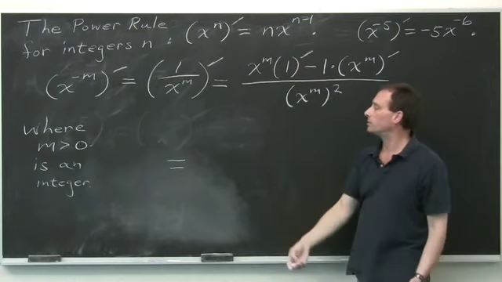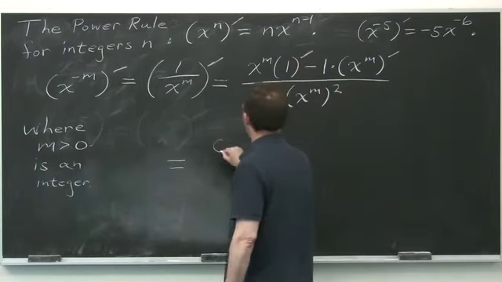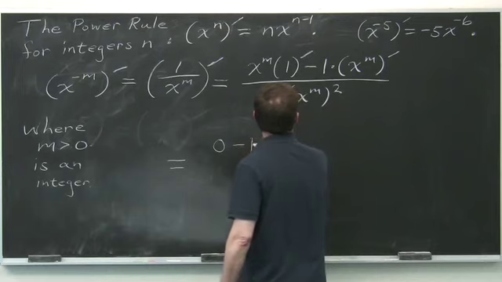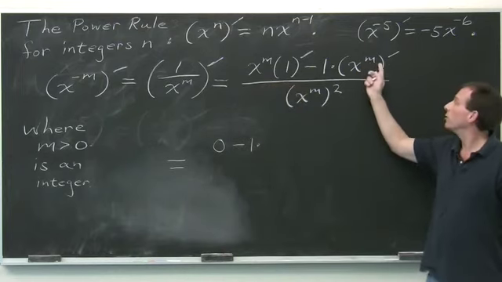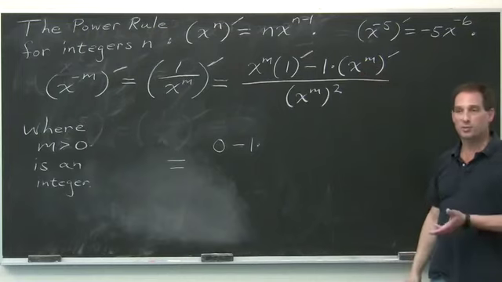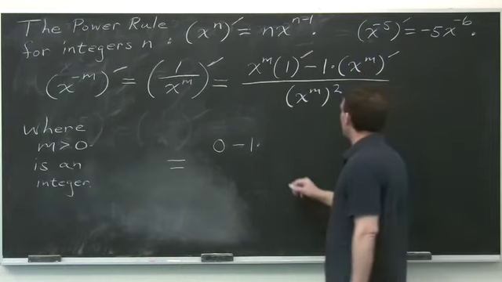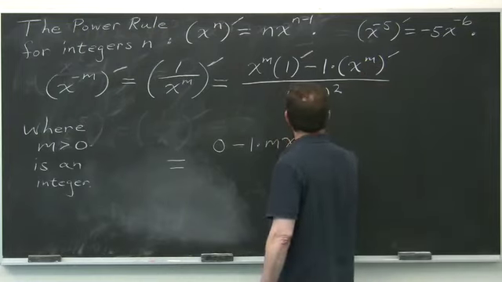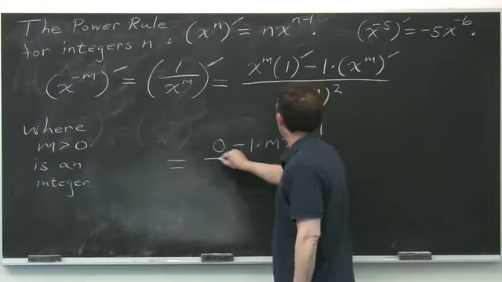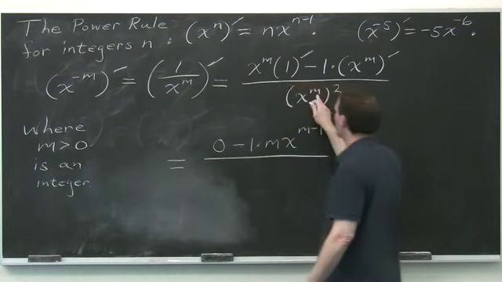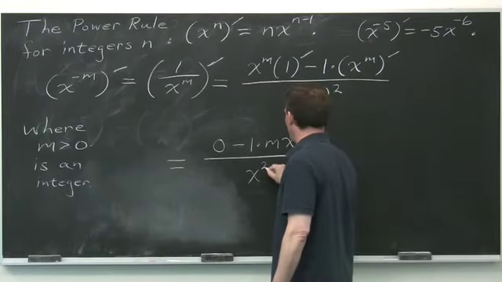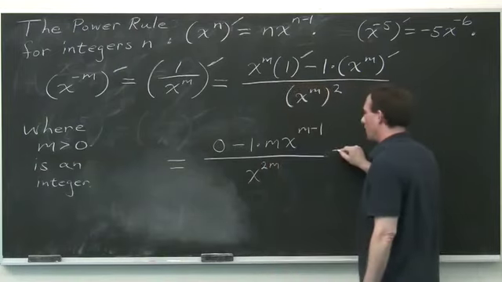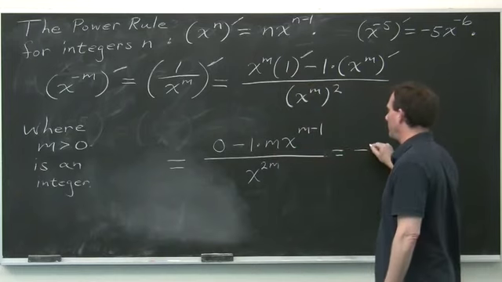That's 0. 0 times x to the m is 0. Minus 1 times this: m is a positive integer, so we know how to differentiate this by the power rule for natural numbers. This is m x to the m minus 1. And then you divide by, well, you raise an exponent to an exponent, the exponents multiply. This is x to the 2m. So you get a minus m.